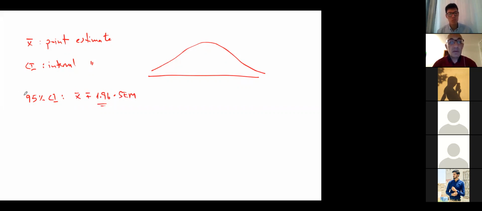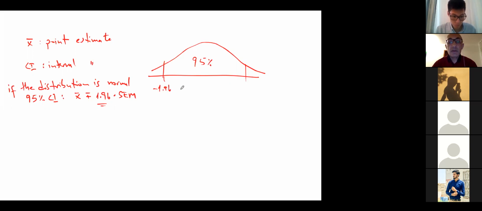Because, of course, if the distribution is normal, is symmetrical, as it is in this histogram shown in this graph, we know that 95% of our cases are distributed in between minus 1.96 SD and plus 1.96 SD.